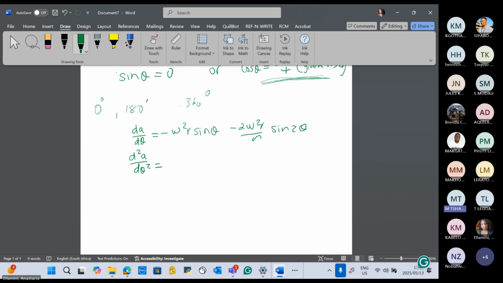It's going to be negative w squared r cos of theta, minus, okay, it's going to be like 2w squared r over n, then the cos of 2 theta. Then we multiply by 2. Well done.